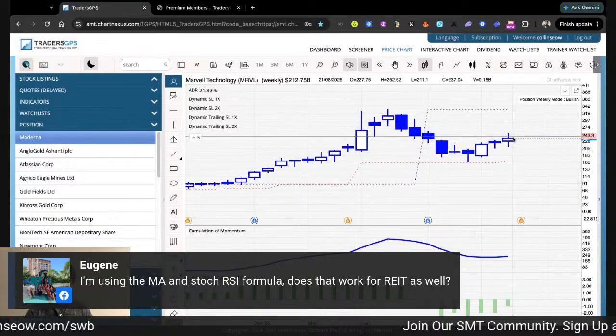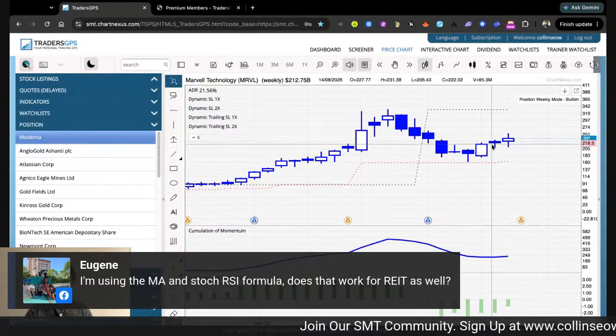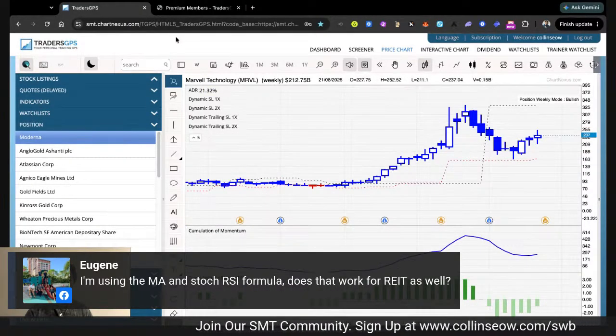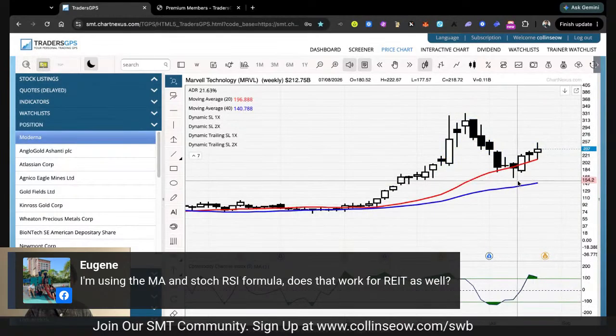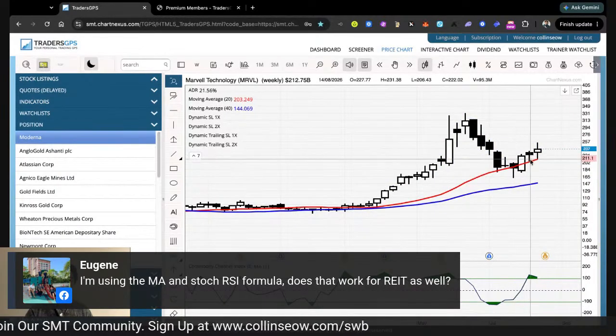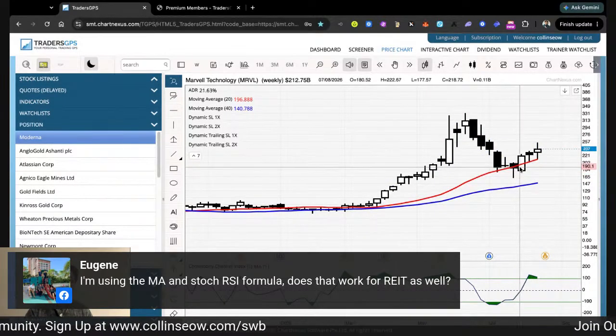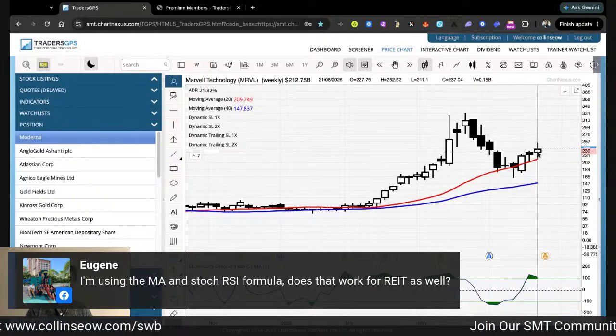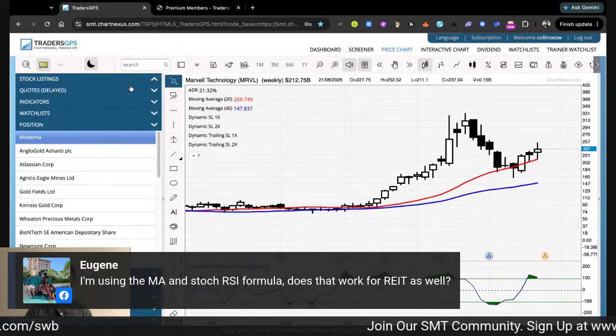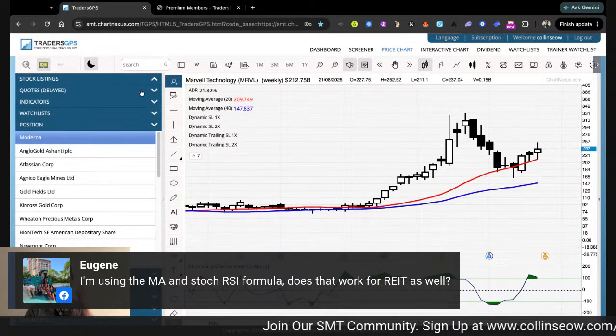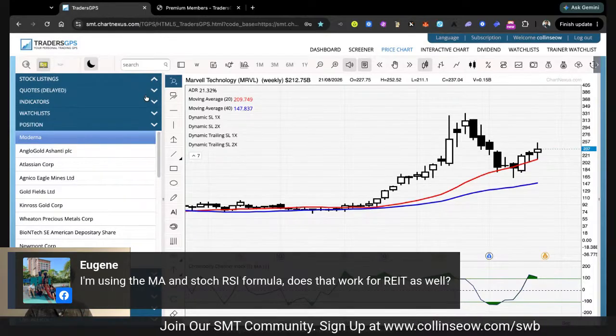From here, you can see still bullish mode. From the 20/40 MA, still bullish, yes or no? Three weeks ago there was a buy signal, and it's still bullish. That is for position weekly and for swing weekly, still bullish.